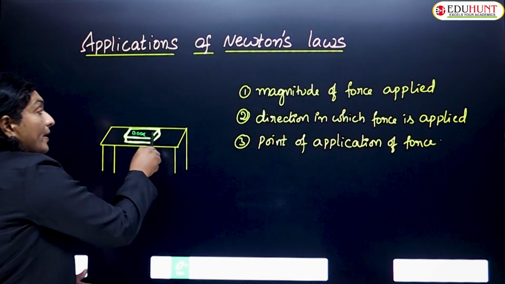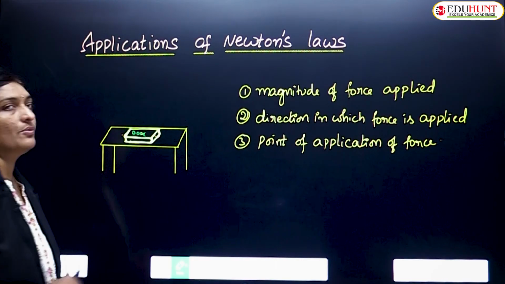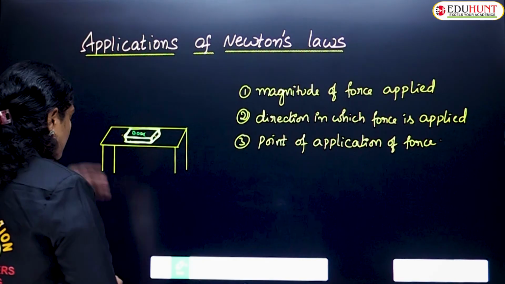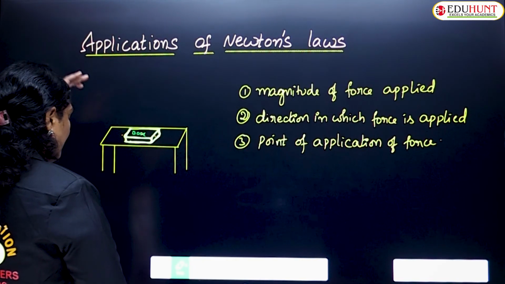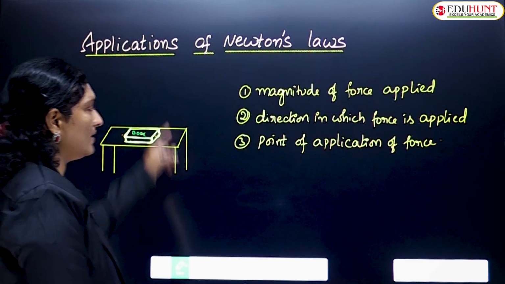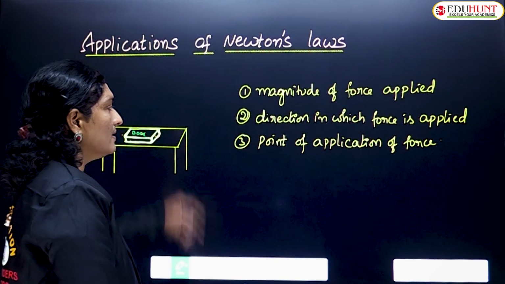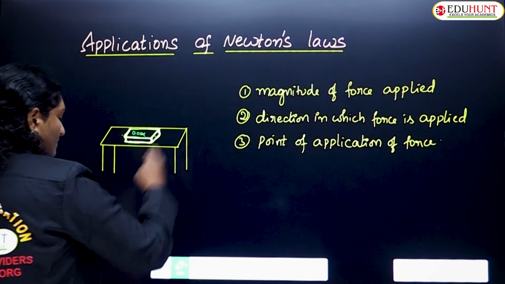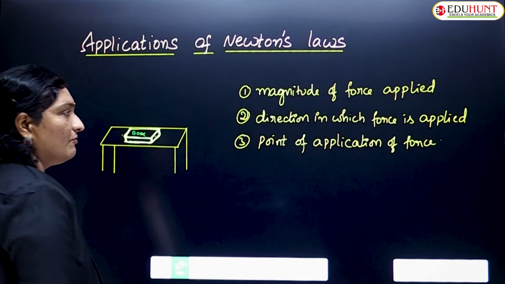And the point of application of force also matters, okay children. So from this, we can conclude that three factors determine the effect of force applied on a body. The first one, the magnitude of the force applied. Second one, the direction in which the force is applied. And third one, the point of application of force.